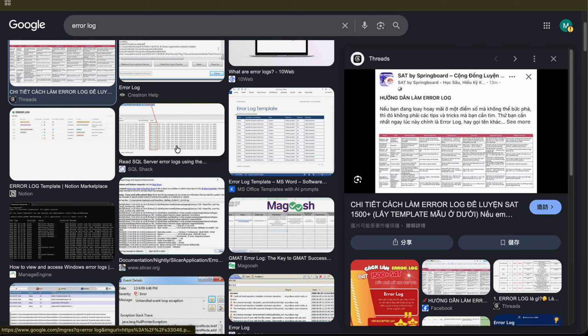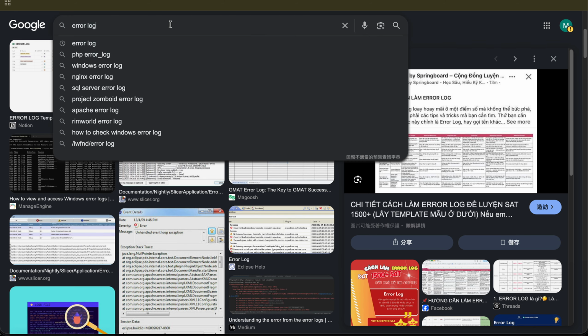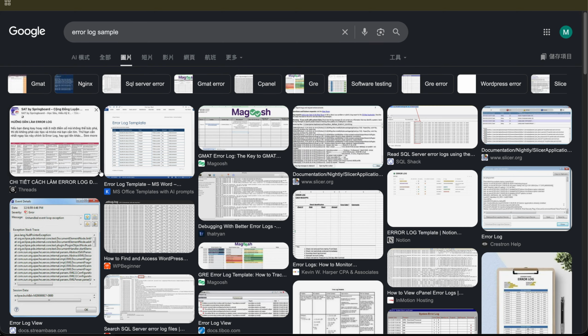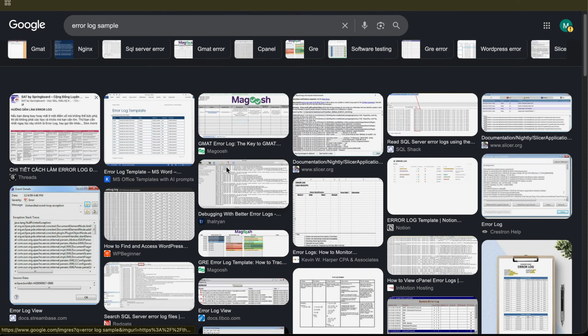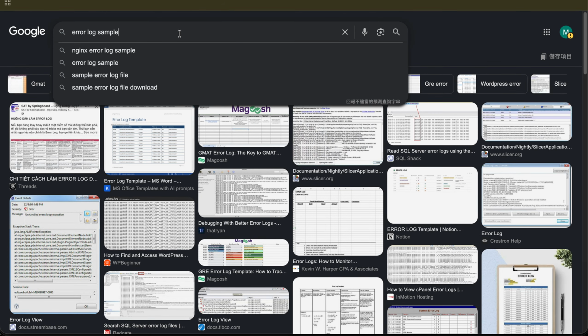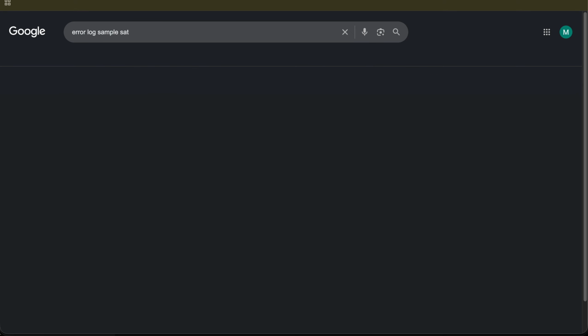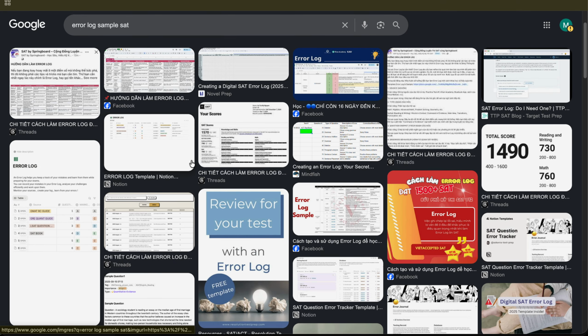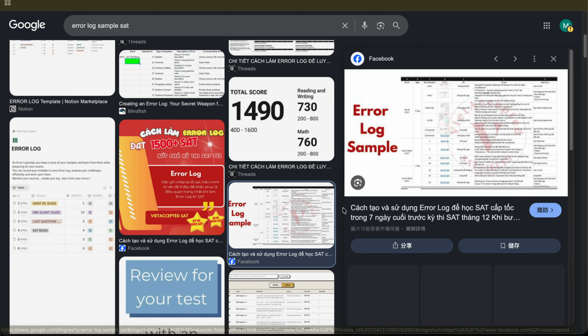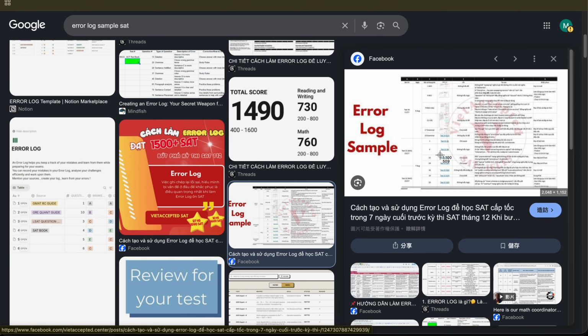I need to find an error log sample on the internet. Error log sample here. Wait, I have to move it to the files.